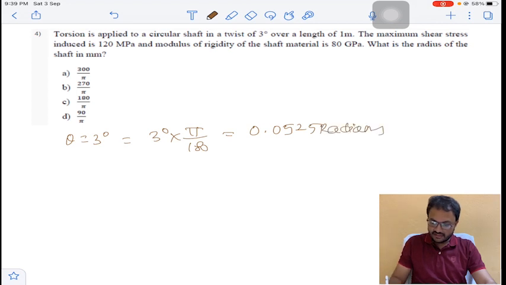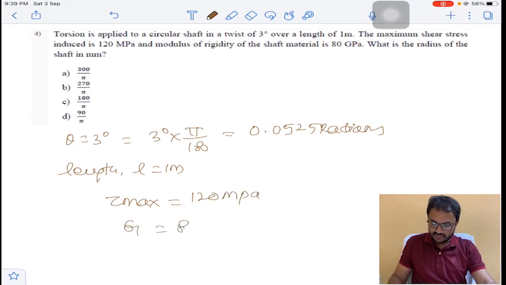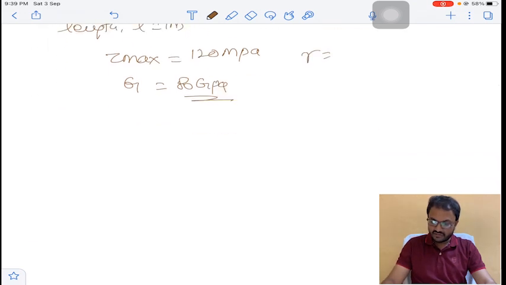And now length L is equal to 1 meter, and tau max, that is maximum allowable shear stress, is 120 MPa, and G is equal to 80 GPa. Okay, so now radius of the shaft R is equal to question mark.